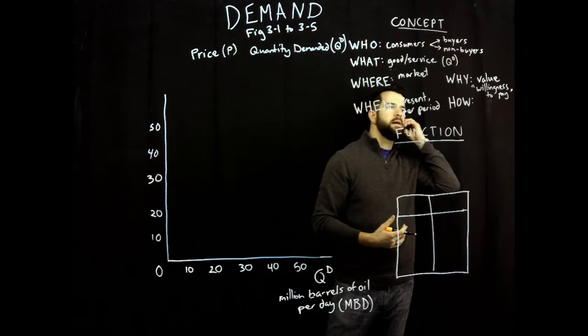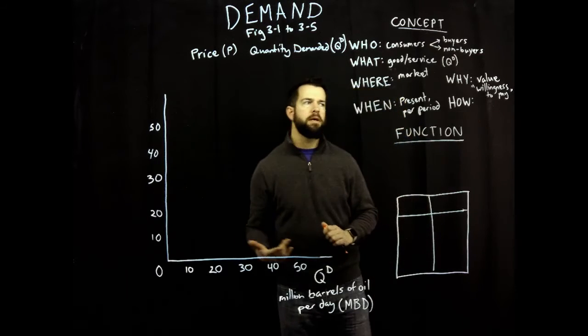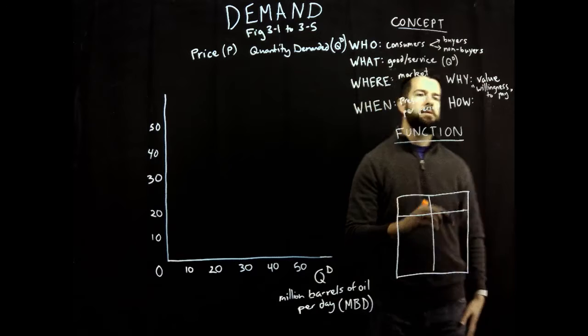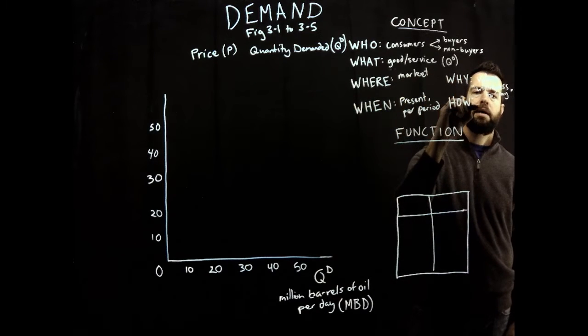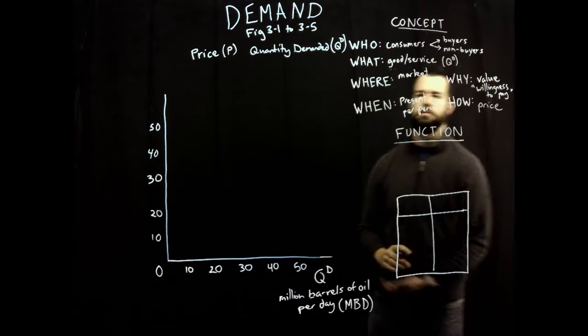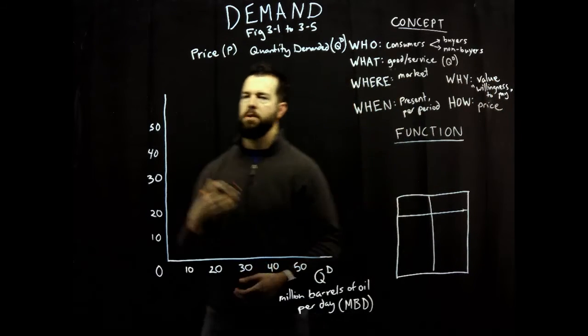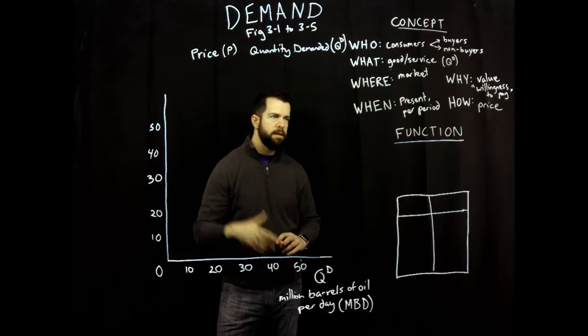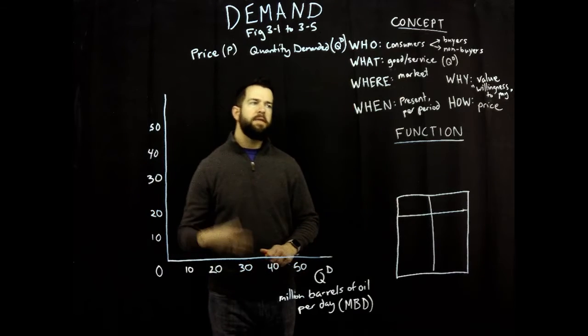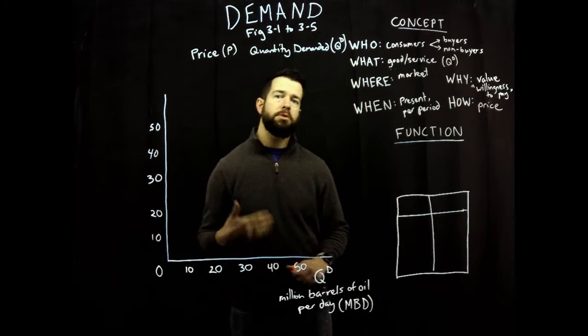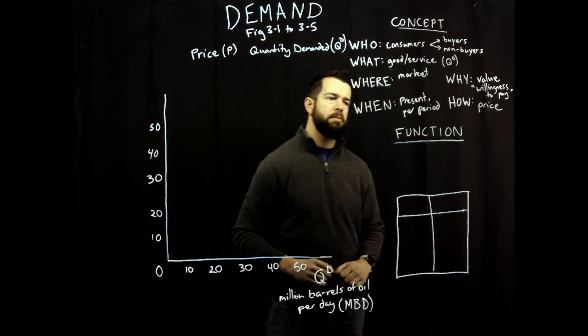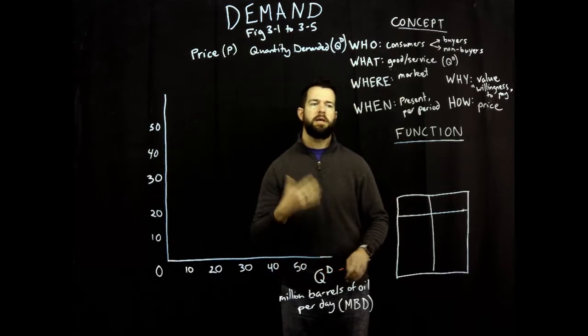And how do they consume this? Well, they consume this by paying a price. And so they have to be willing and able to pay the market price, and they have to find a seller who's willing and able to sell at that market price. Okay, so there's your concept.